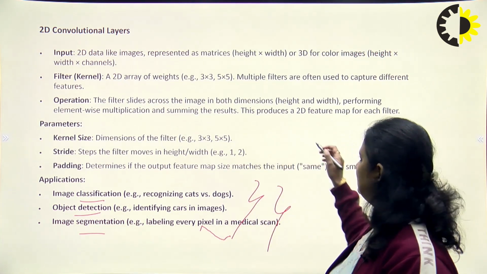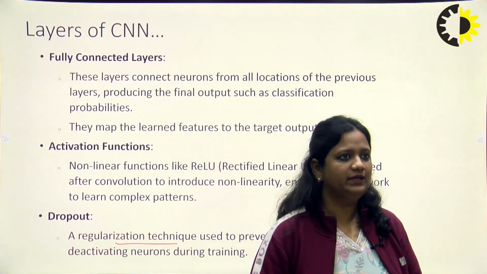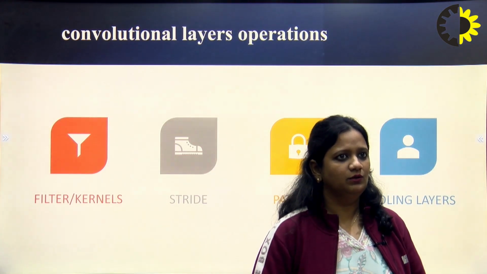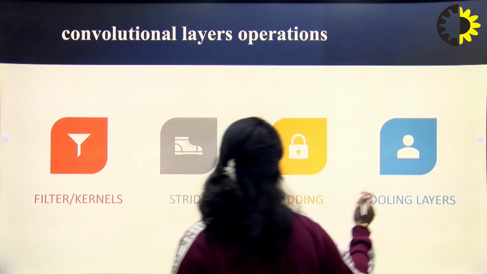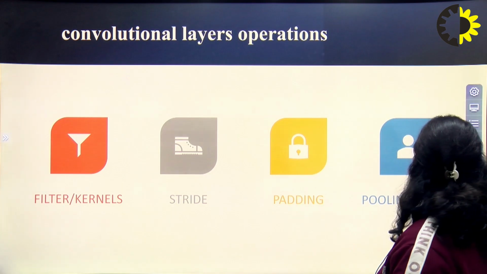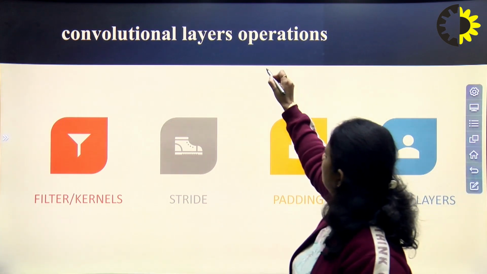Let's take a simple example to understand the various types of convolution layer operations.